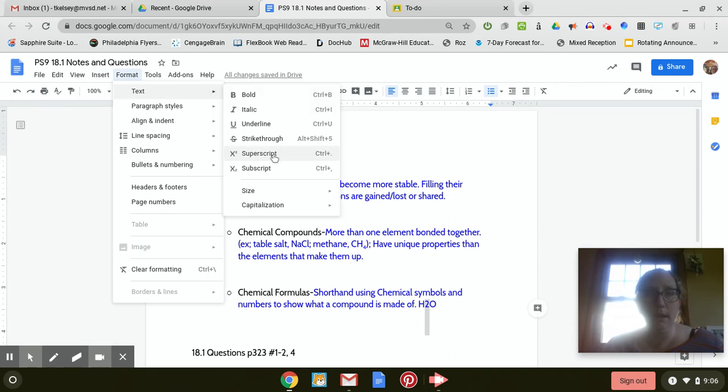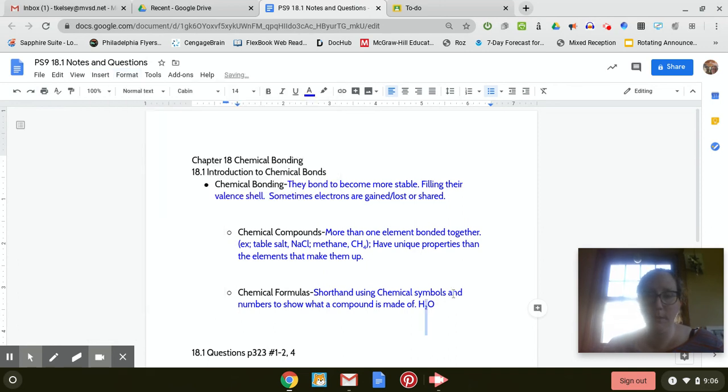This tells me that in each molecule of water, I have 2 hydrogens and 1 oxygen bonded together. So every time I have water, that's the way it's organized.